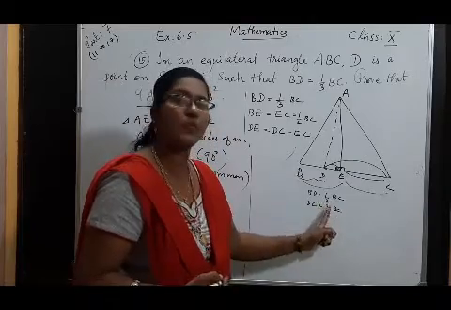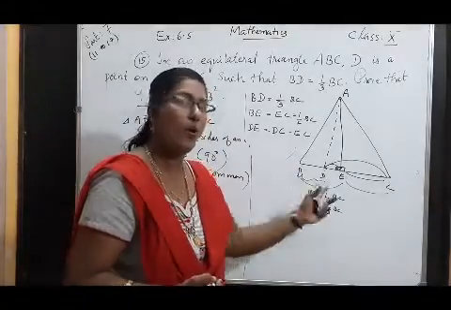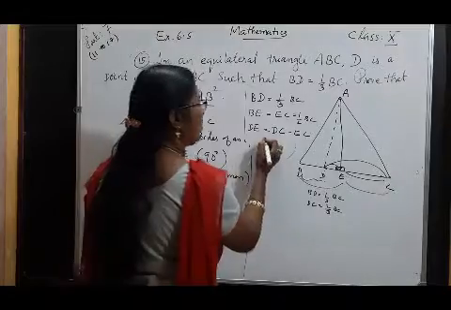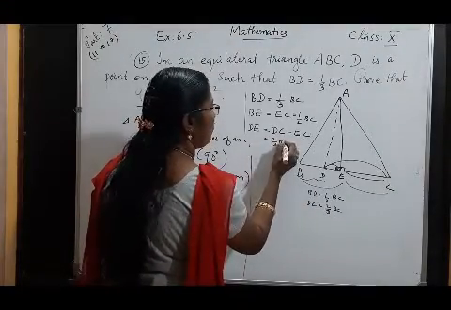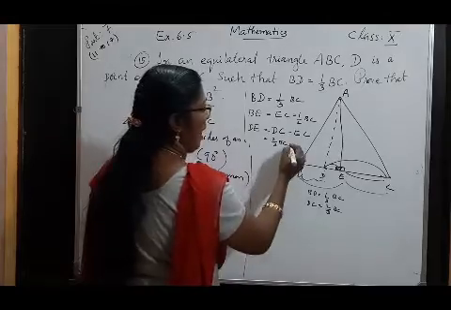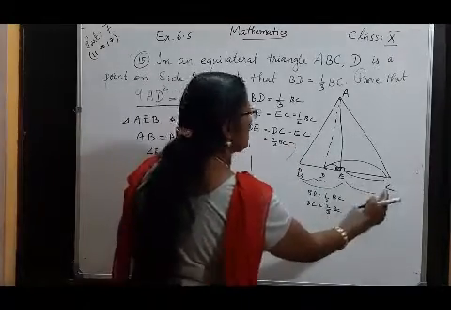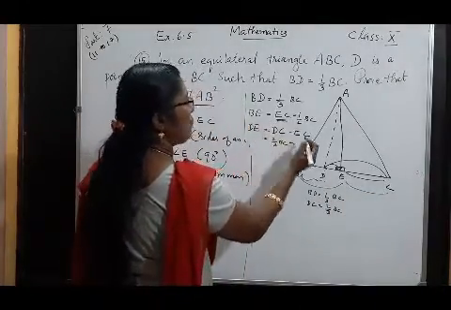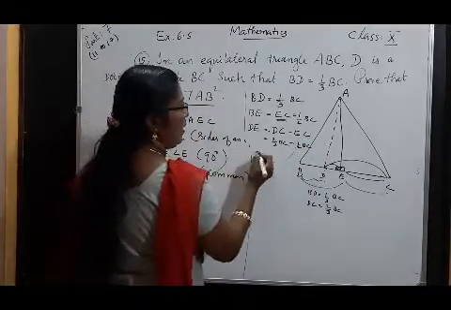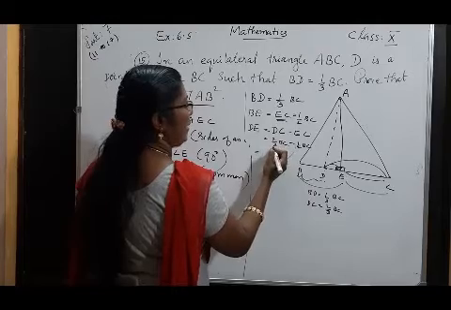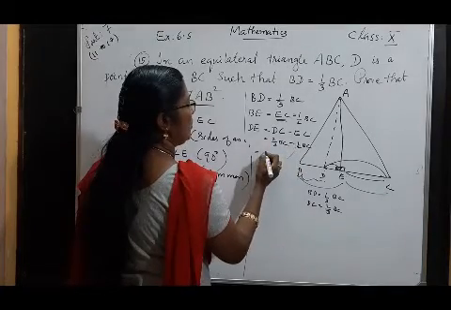That is 1/3 plus 2/3 is 3/3, the whole. Okay. So instead of this DC, 2/3 of BC. And what is EC? EC is half of BC. Okay.